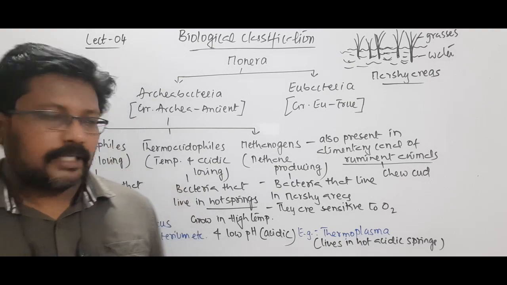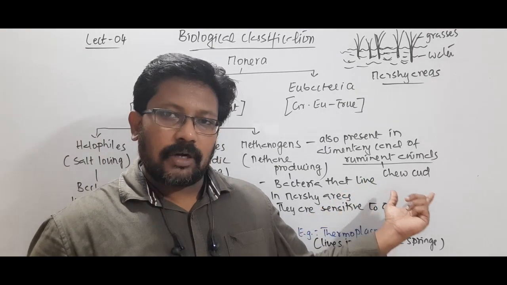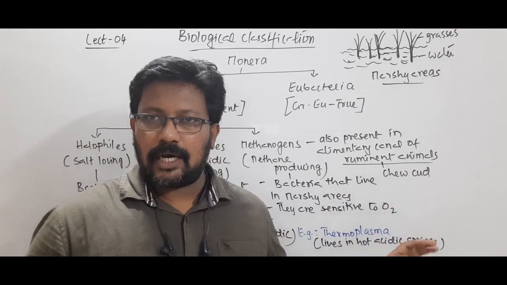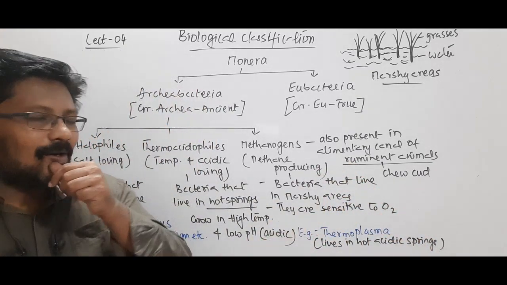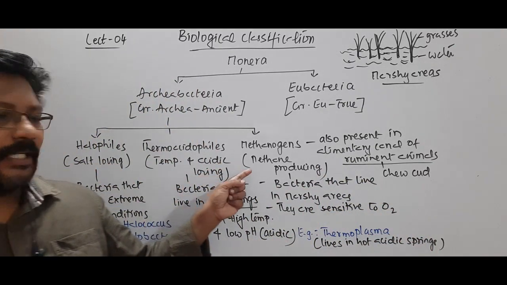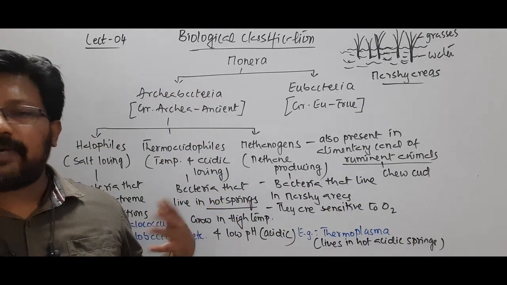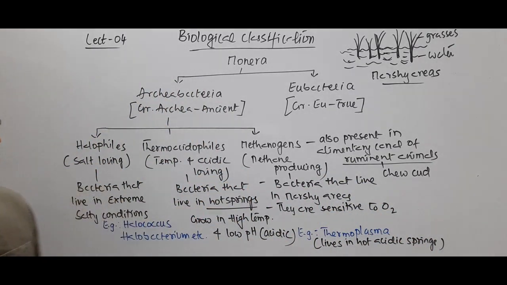That's called cud. The organisms that chew cud are called ruminant animals. In ruminant animals this bacteria is also present, where they produce methane gas.